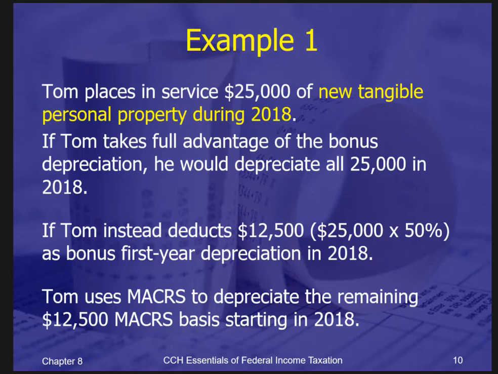So you take off the $12,500 for bonus, and then you would do regular MACRS depreciation, which we'll talk about in a minute, for the remaining $12,500. That's how these bonuses or Section 179 scenarios work. You take first the bonus, and then the rest is depreciated using the regular rules.